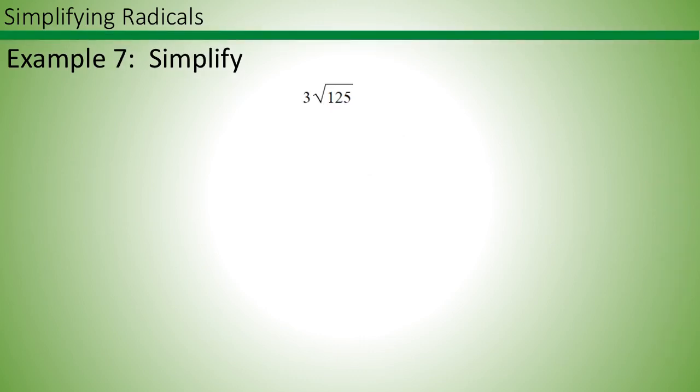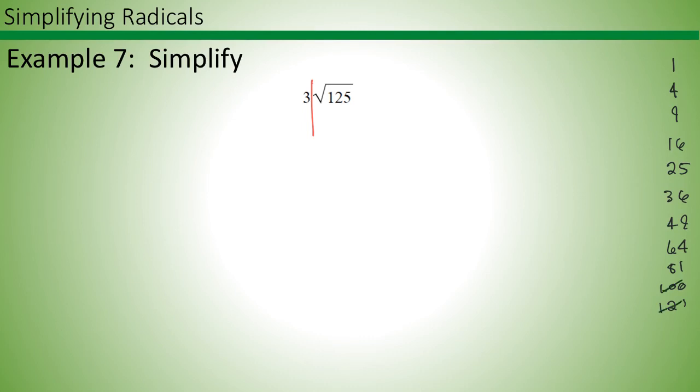Sometimes we'll see numbers that are on the outside, and we're just going to ignore that number for a minute and simplify the radical. Again, make your list of perfect squares: 1, 4, 9, 16, 25, 36, 49, 64, 81, 100, and 121. We want to find the biggest one that divides it.